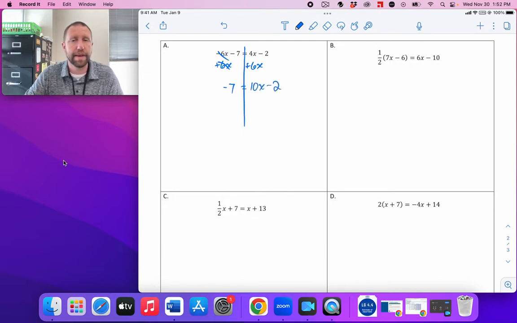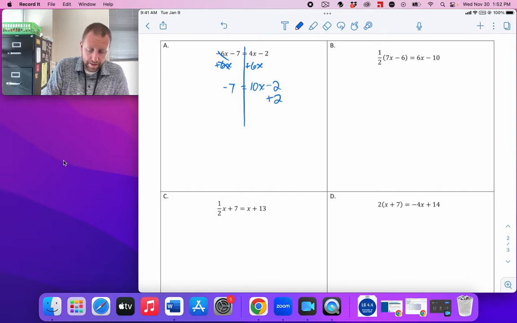Don't forget about that minus 2, okay? Now, since my x is on the right-hand side, I need to get rid of all the other numbers. Well, we just wrote down that to get rid of numbers that don't have an x, you either add or subtract. In this case, it's a minus 2 already. I need to do the opposite. I'm going to add 2 to both sides. When I add 2 to both sides, I get negative 5 on the left is equal to 10x.